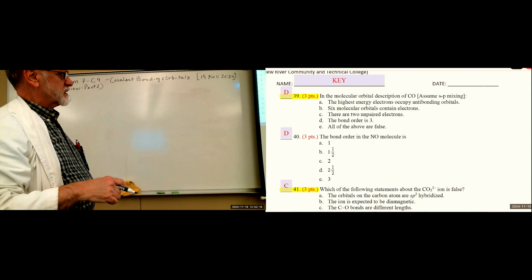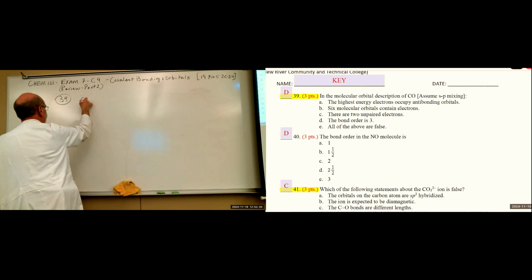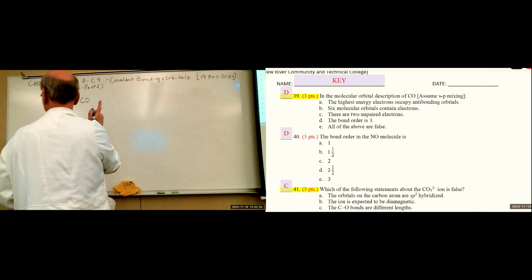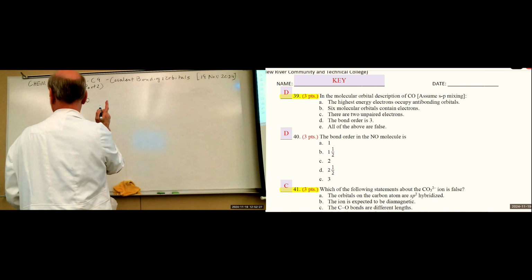Molecular orbital description of carbon monoxide. Assume sp mixing. Okay.